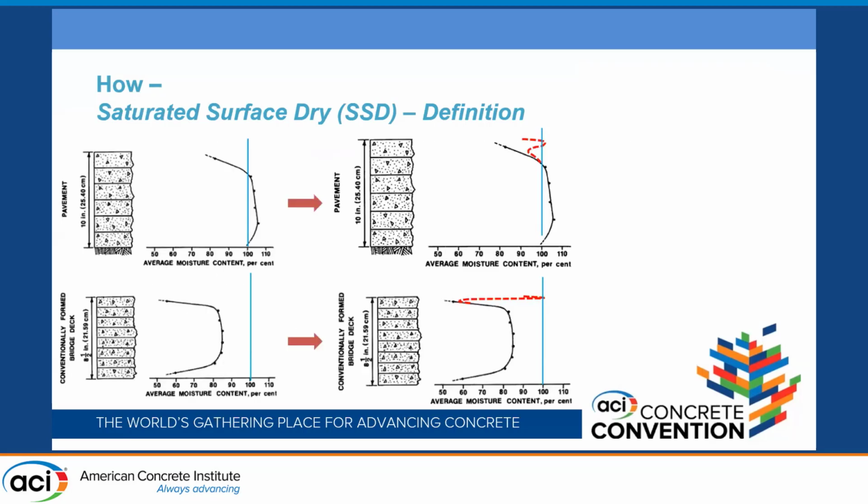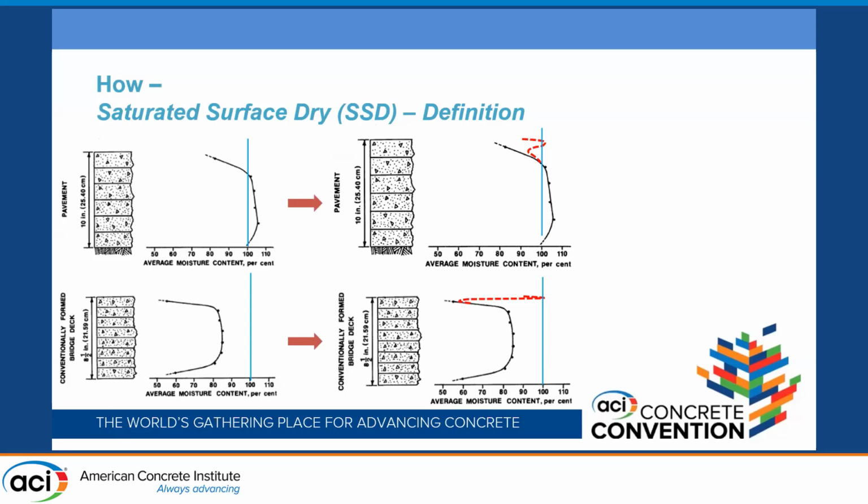Looking at it graphically in this picture, there are two conditions. The top two figures refer to pavement or slab on grade, where the bottom of the slab is against the soil, which is a saturated condition. The lower two figures refer to the bridge deck or elevated slab, in terms of their moisture condition.